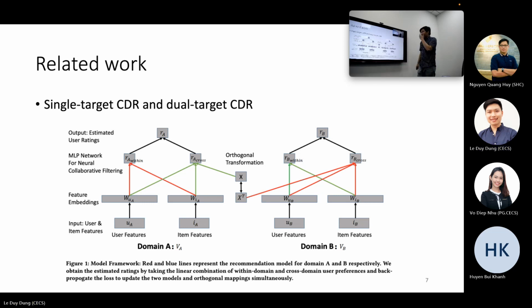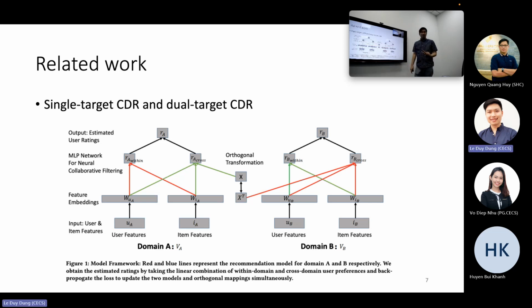Then they have two kinds of multi-layer perceptron network. The first one is the inner-domain multi-layer perceptron network, which sees only the information from domain A. You can see the red line over here.